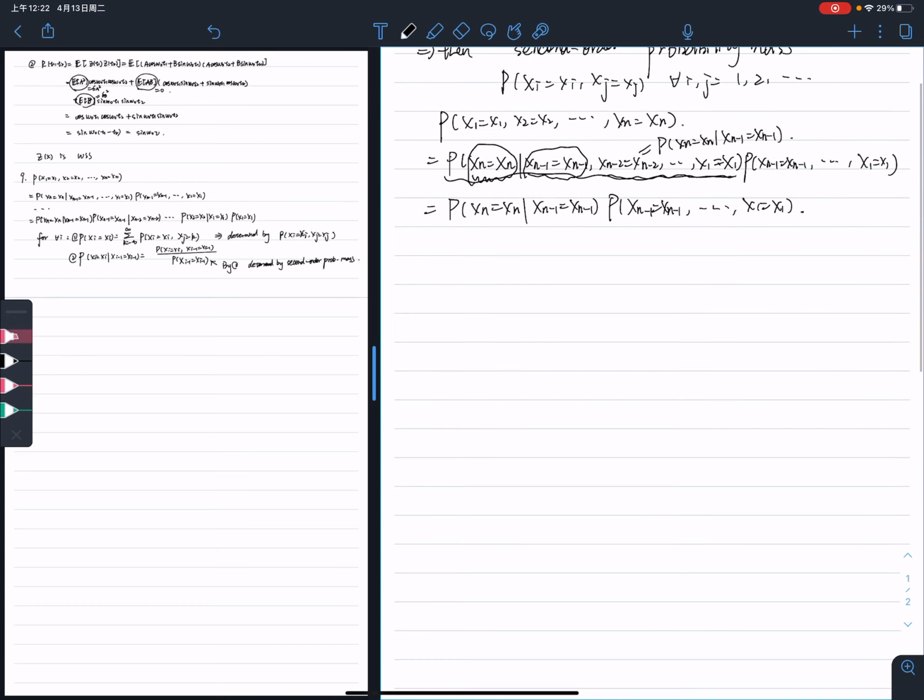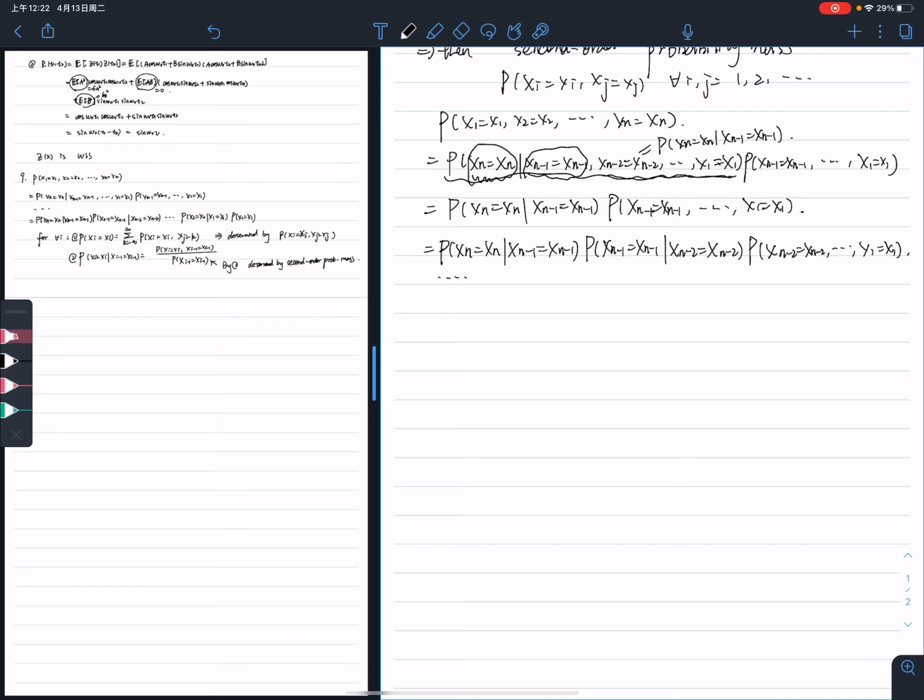Then furthermore, we could prove that it should be equal to P(Xn = xn | Xn-1 = xn-1) times the conditional probability of Xn-1 = xn-1 on the condition that Xn-2 = xn-2, times the joint probability of Xn-2 to X1 = x1.